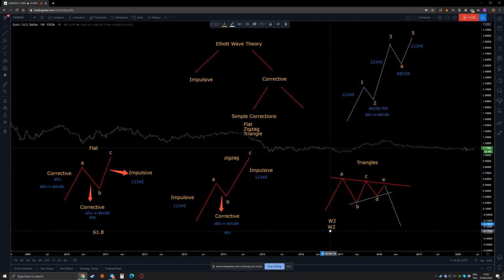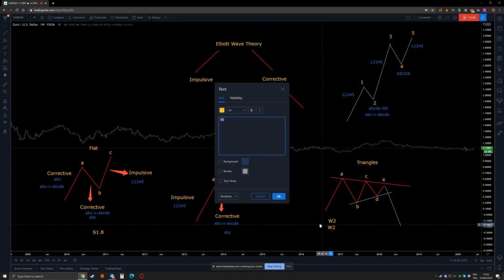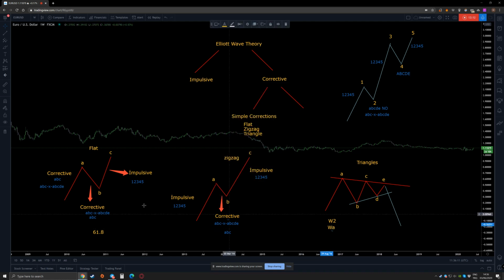Also, wave A of a flat, you cannot start anything with a triangle. Okay? It's very important. For example, wave A, this is a corrective wave, yes? It can be an ABC, it can be a zigzag, it can be a flat by itself, but it cannot be a triangle by itself.